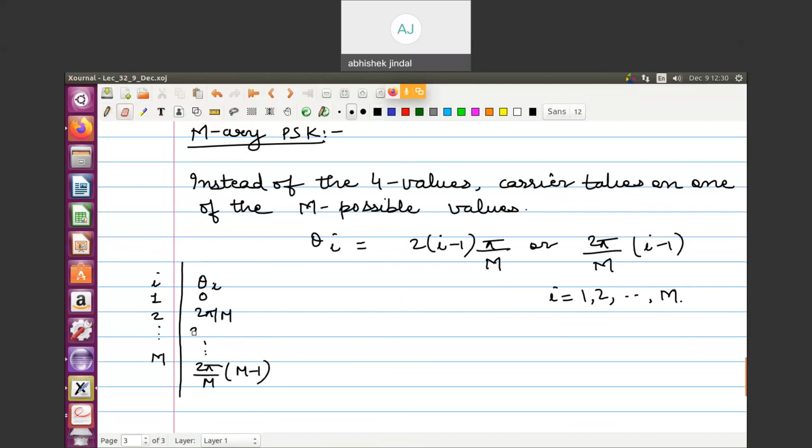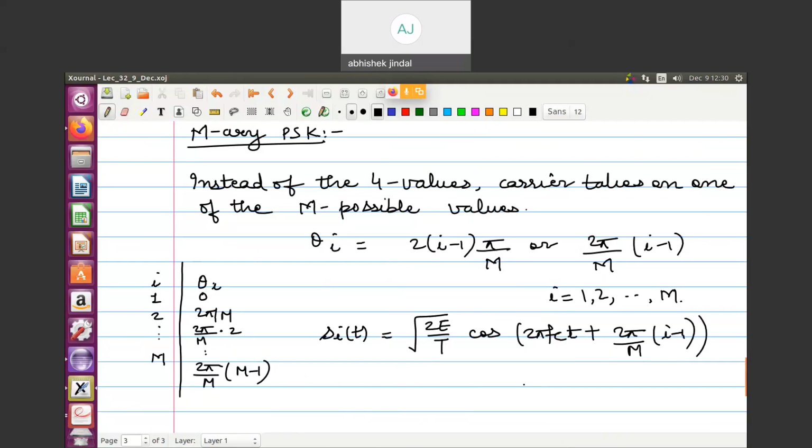Let me just write it in a clearer manner. So s_i(t), that is the waveform over the symbol time which you choose, is nothing but the square root of 2E upon T times cos of 2 pi f_c t plus 2 pi by capital M times (i minus 1).